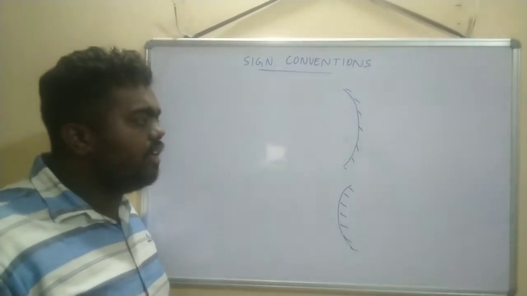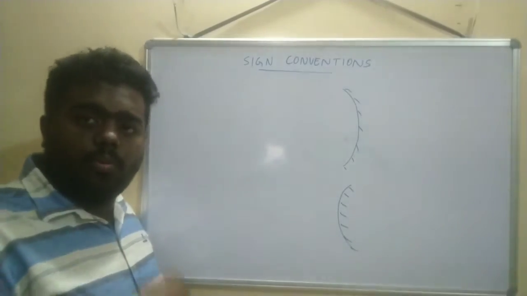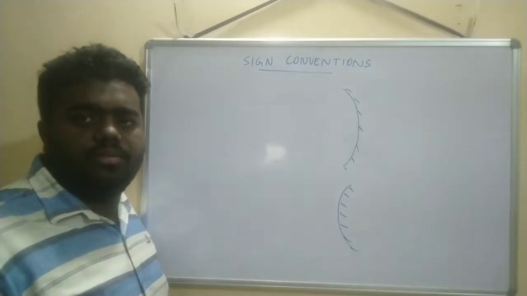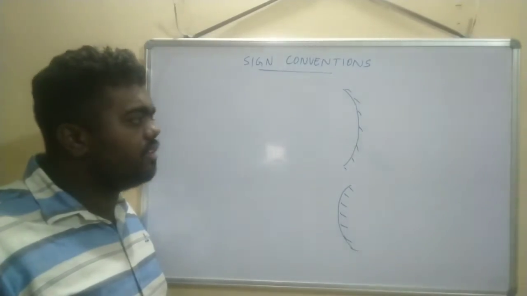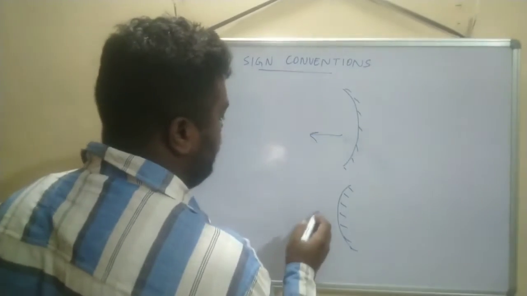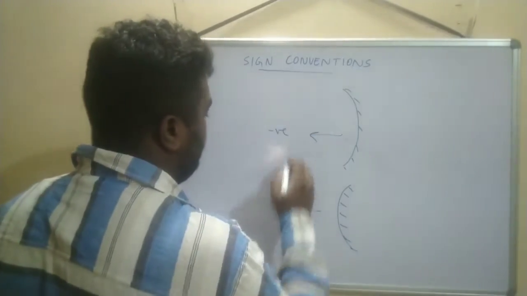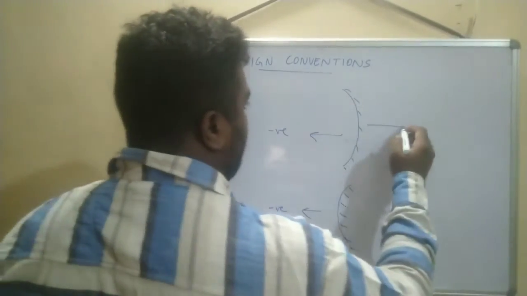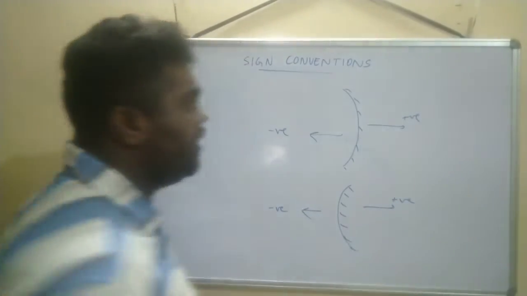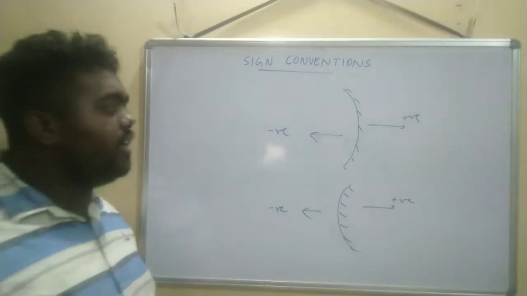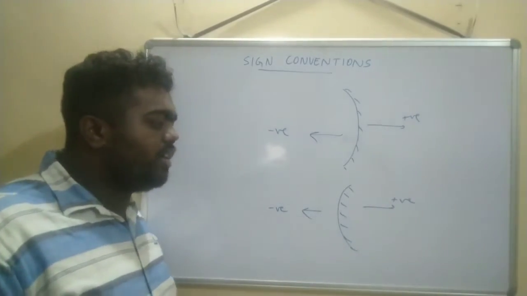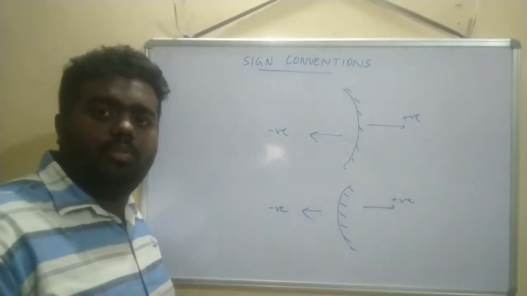Means if anything comes on the right it will be positive, if anything comes on the left it will be negative. This side negative, this side will be positive. Either image distance or object distance, u or v. You will understand it better when we solve numericals also.